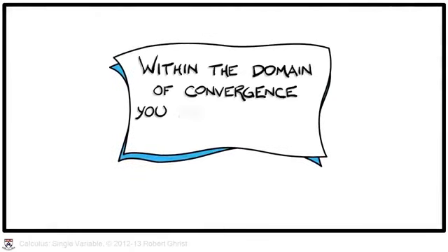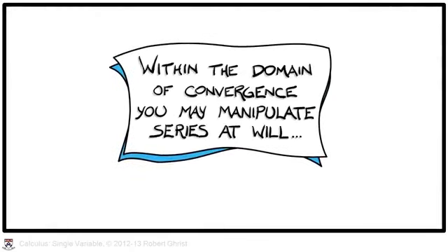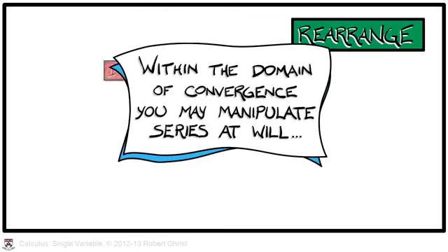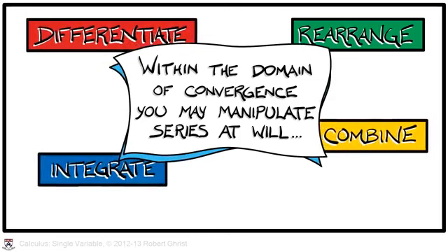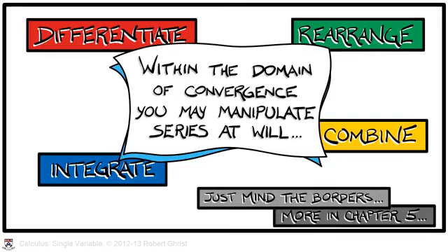Now, within the domain of convergence, you can manipulate the series at will. You can rearrange the terms, differentiate term by term, integrate, recombine, whatever you wish. There are no problems as long as you are within the interior of that domain of convergence. You must be very careful about what happens near the borders. We'll talk more about that in Chapter 5.